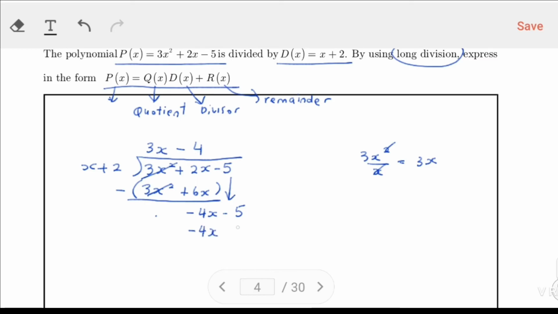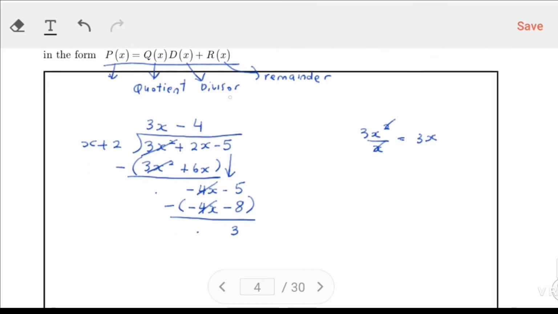Negative 4 times 2, we get minus 8. After we multiply, we subtract. So negative 4x minus negative 4x, we get 0. Negative 5 minus minus 8, we get 3. So here, on top of the long division, we get the quotient. And the remainder is 3.